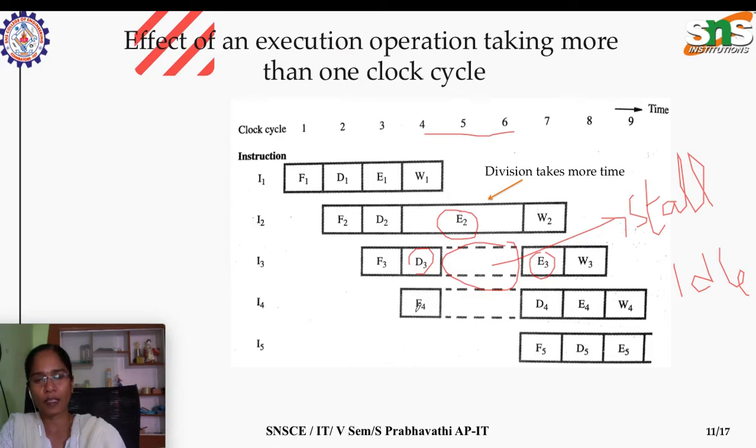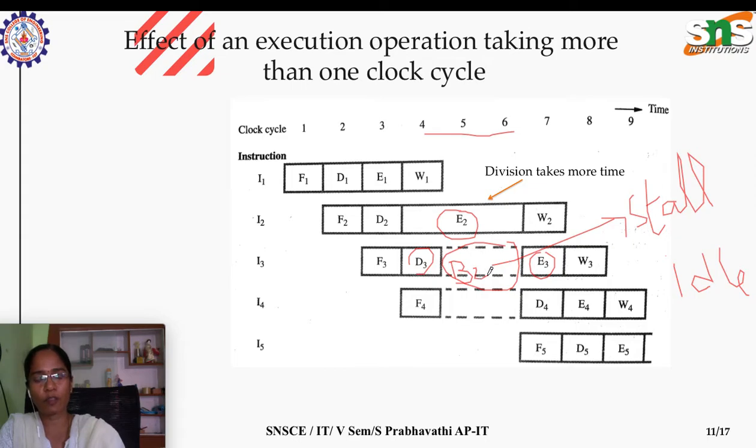And see here, instruction 4 cannot be decoded, because D3 is decoding. So here, after F3 fetches, the fetched information will be placed in the B1 buffer, and the B1 buffer is given as input to D3, and the decode output of D3 will be moved to the B2 buffer, is it not?